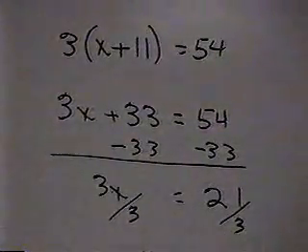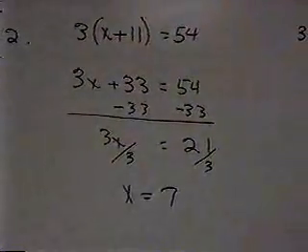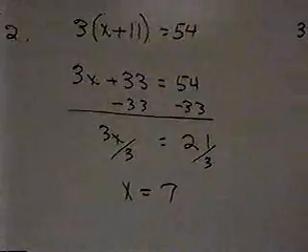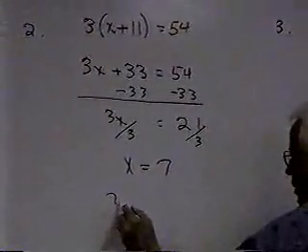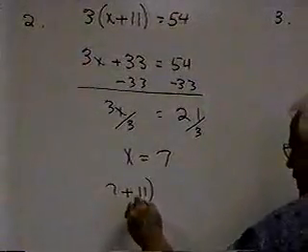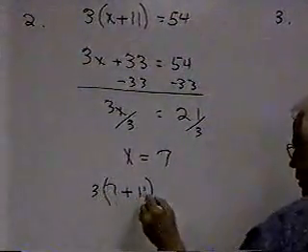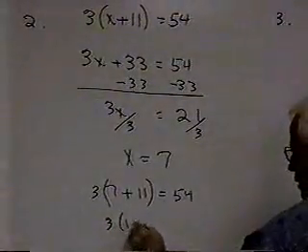And so we get the number 7. Check it: the number summed with 11 times 3 equals 54. And that answer is yes.